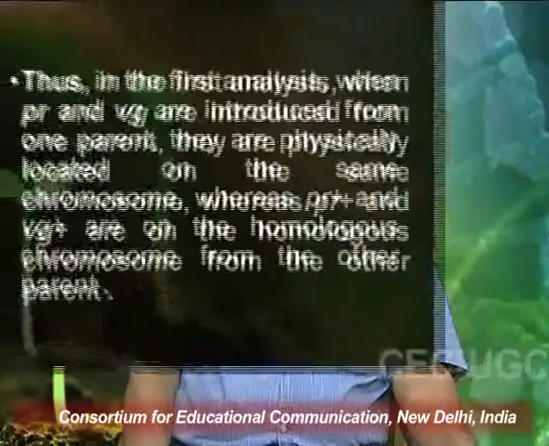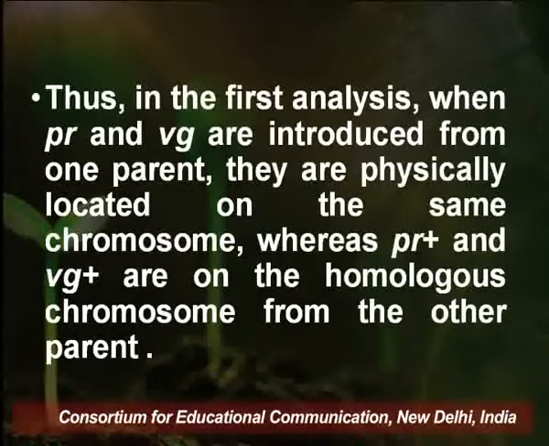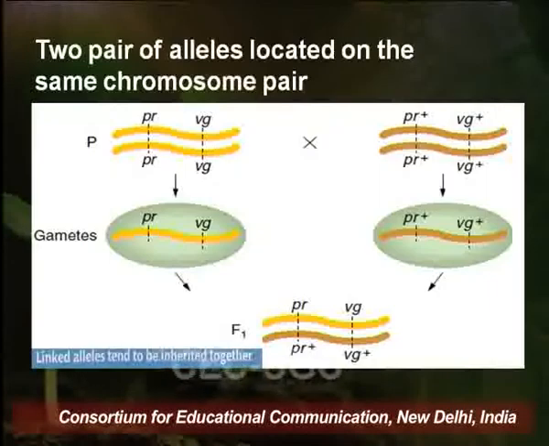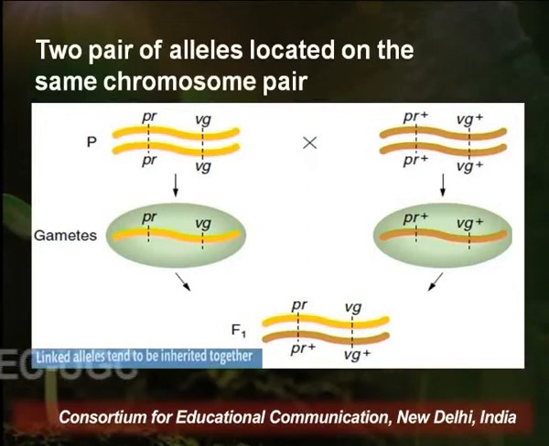So, in the first analysis, we find that pr+ and vg+ are located on the same chromosome, that is, they are on homologous chromosomes. If we look at the pattern now, that is two pairs of alleles located on the same chromosomal pair, say for example small pr and vg, then they would be present in the F1 on the same chromosome.